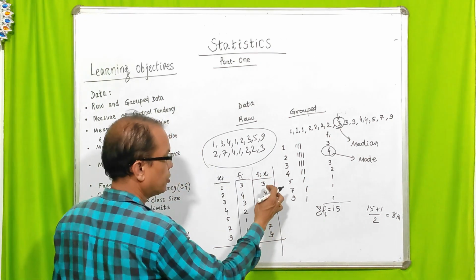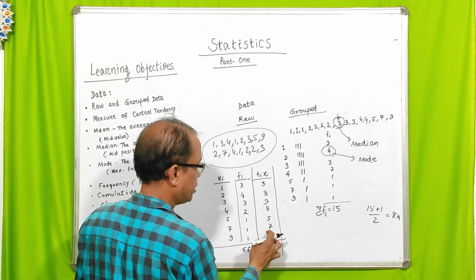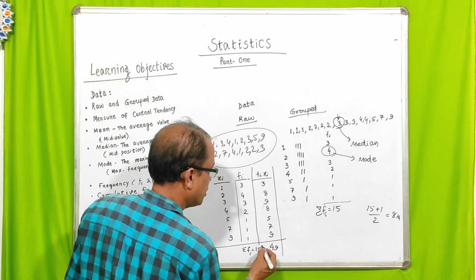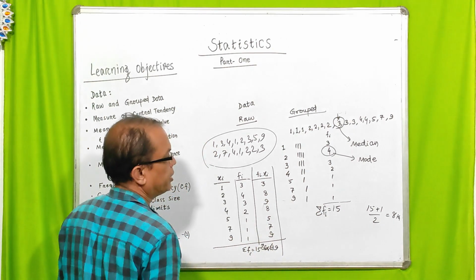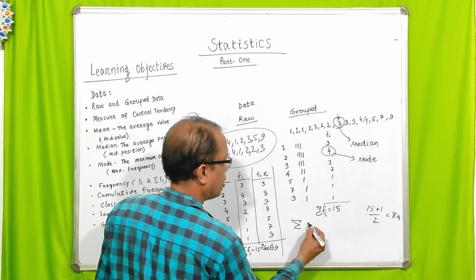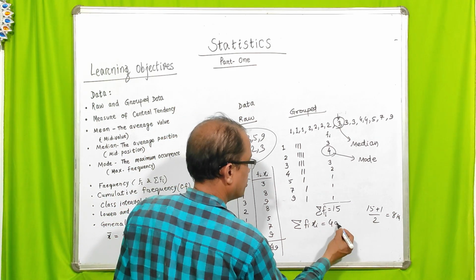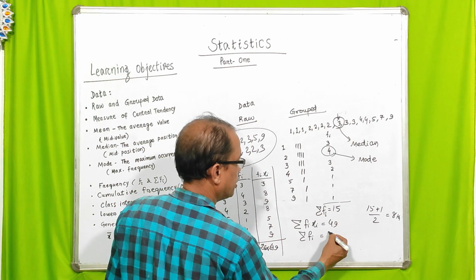We add them up, 8 plus 3 is 11, plus 9 is 20, plus 8 is 28, plus 5 is 33, 7 is 40, and 9 is 49. So we get sigma fi xi is equal to 49, and sigma fi, the total number of things, is 15.